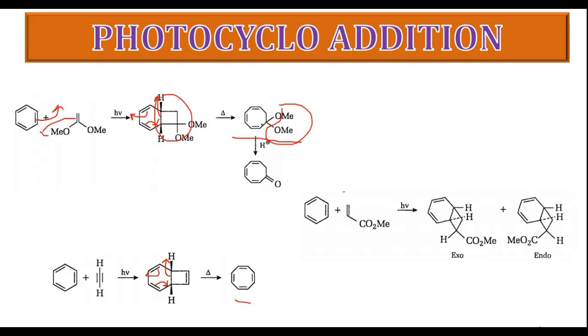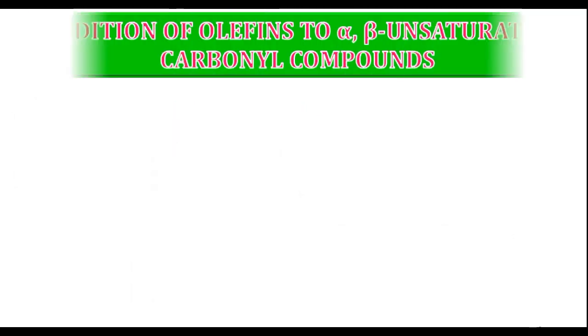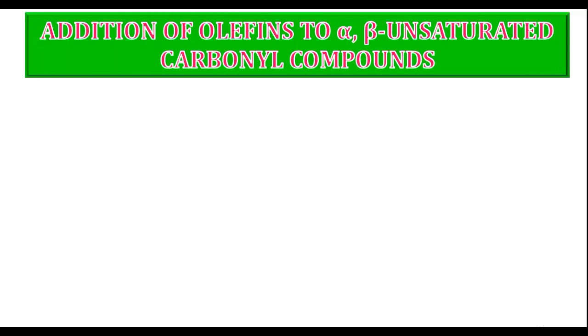So next, let's start addition of olefins to alpha beta unsaturated carbonyl compounds. So friends, this is the cycloaddition of an alpha beta unsaturated carbonyl compound with a different olefin molecule. It means one reactant is an alpha beta unsaturated molecule, another reactant is an alkene. Sometimes we can also take an alkyne.